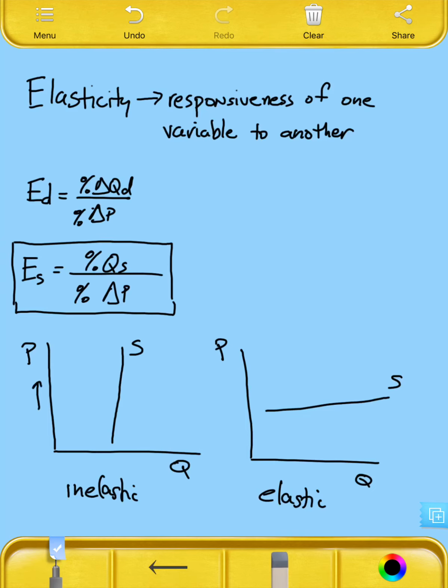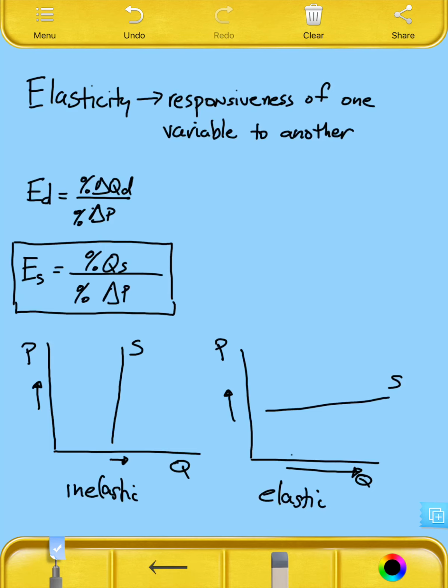So in the inelastic supply, a given percent change in price leads to a corresponding smaller percent change in quantity. Yes, they follow the law of supply, and quantity supplied increases with price, but by a lesser than proportional amount. And over here on the right, with the elastic supply, the given percent change in price leads to a more than proportional change in quantity.